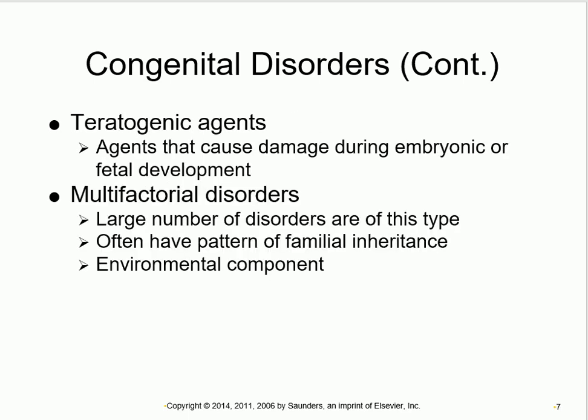Translocation versus non-disjunction: is it when a piece breaks off, or when a whole side goes to another chromosome? In translocation, a part leaves and goes to another spot; it translocated itself. The non-disjunction is that they did not separate from each other. Here's one chromosome and here's the other chromosome.